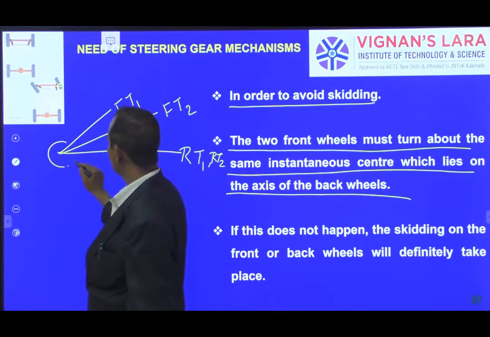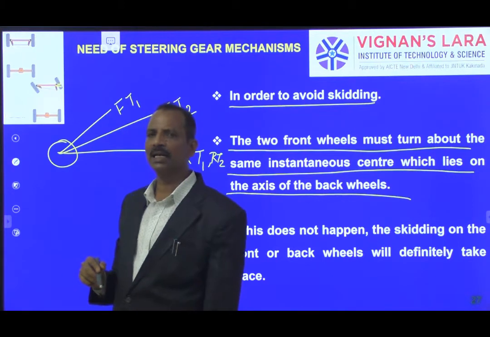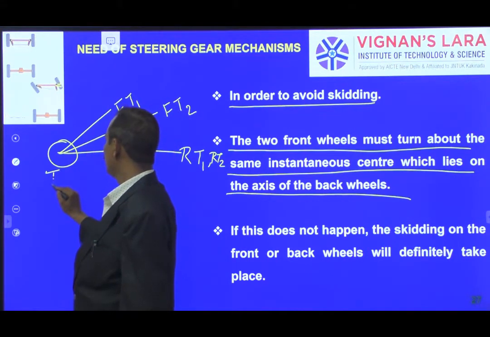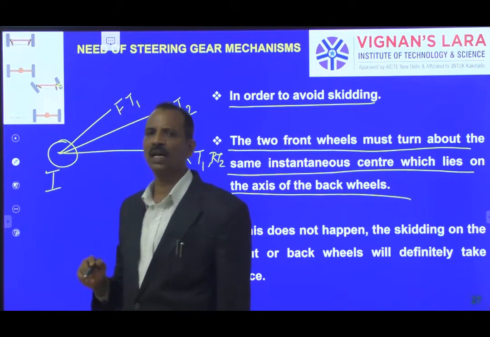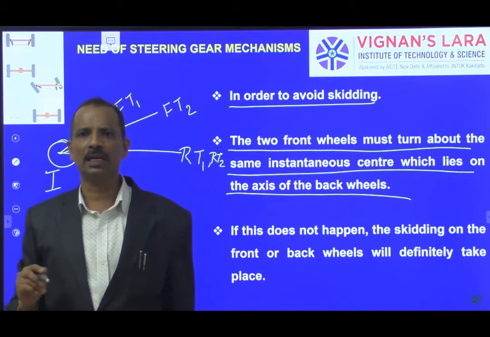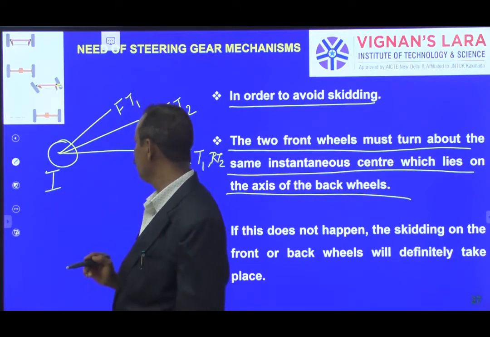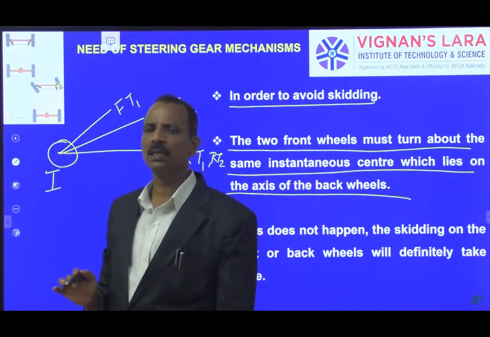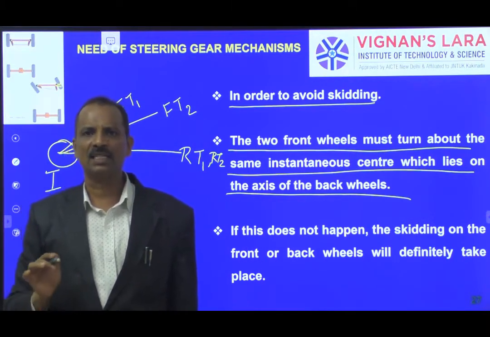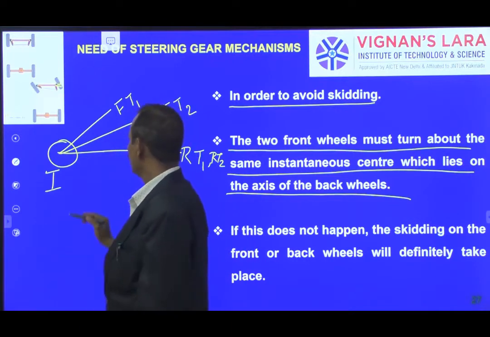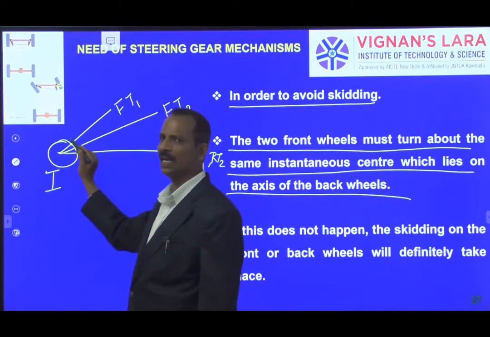So all these lines will intersect at a point which we call an instantaneous center and designate as I. I is the instantaneous center. That means this motion of these four wheels can be treated as pure rolling with a center of rotation. That center of rotation is this I center.